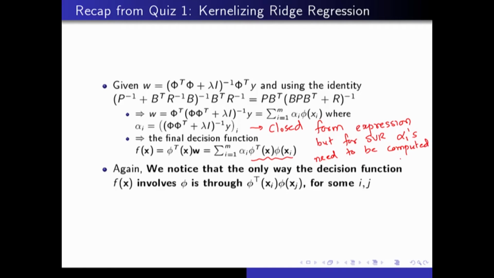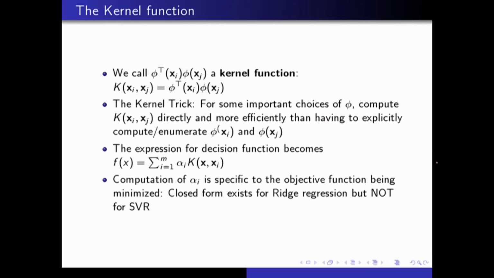So we'll need to compute the alphas iteratively in the case of support vector regression. So the kernel trick is basically that for some important choices of phi, we can compute this kernel function directly and more efficiently than having to explicitly compute or enumerate the basis functions, basis vectors. So as I already pointed out, the closed form for alpha i exists for ridge regression but not for support vector regression.